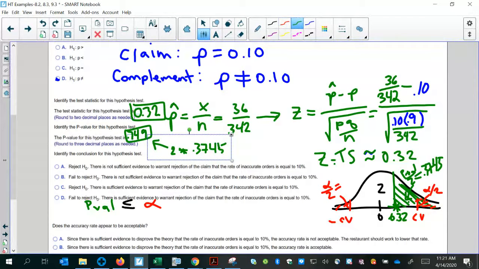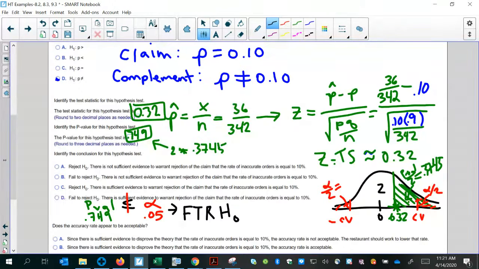So the p-value was very high and definitely not smaller than the alpha. So we will fail to reject the null hypothesis.